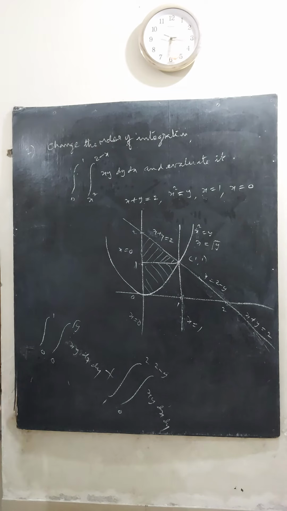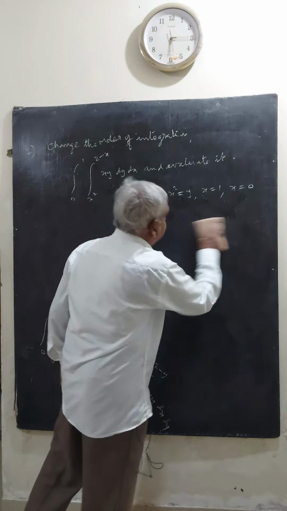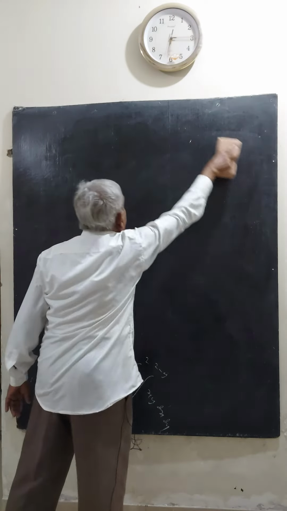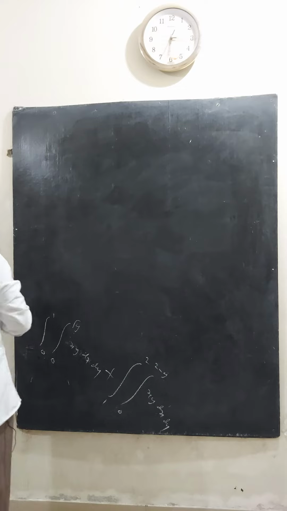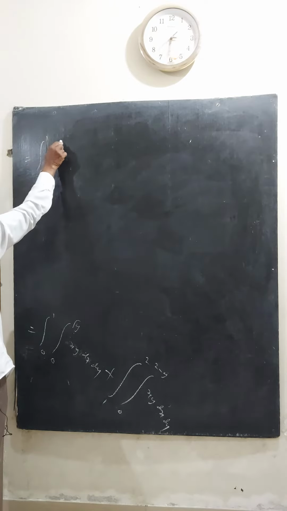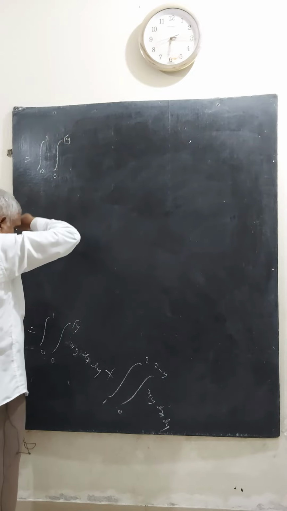If we do this sum, we have changed the order of integration. It is enough to do the sum. If we integrate, we will get the result. Let us do the integration. It equals y from 0 to 1, x from 0 to root y.